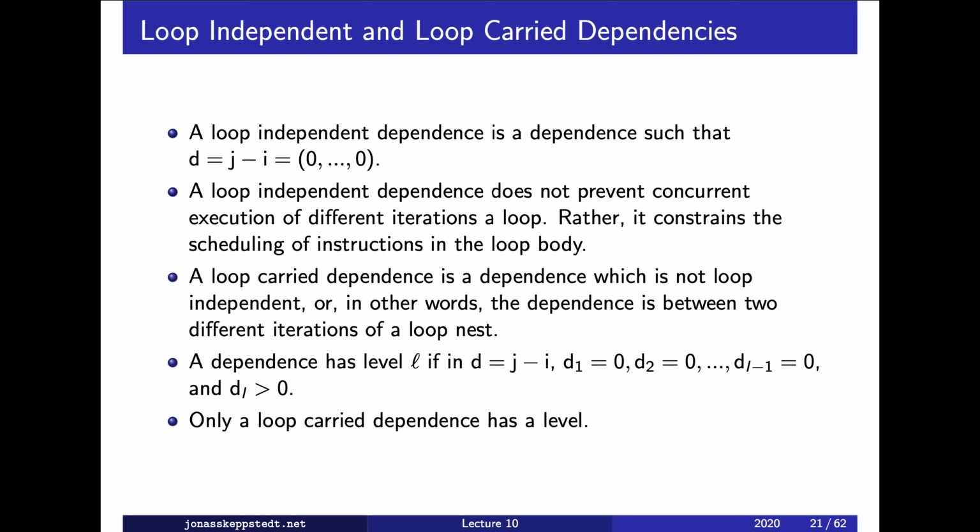And with this distance, there is nothing that prevents concurrent execution of that loop. A loop carried dependence means that they are not identical. And the dependence is at a certain level, and that level is the first non-zero element of the distance vector.